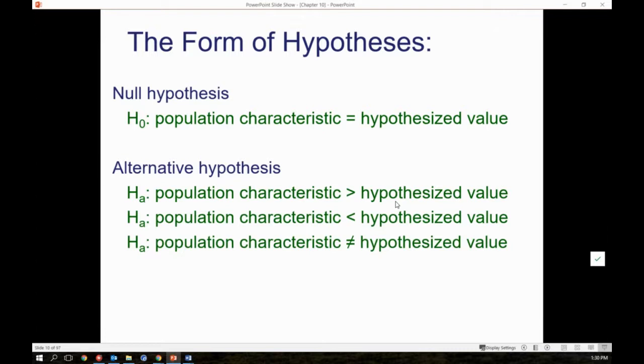Yes. What if both the null and alternative hypothesis are wrong? That can't exactly happen. If we can't reject the null, then we fail to reject it. So the null hypothesis is that it's equal to, but the alternative hypothesis is that it's greater than.